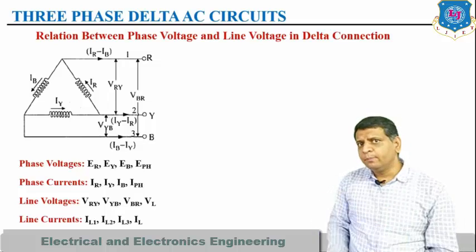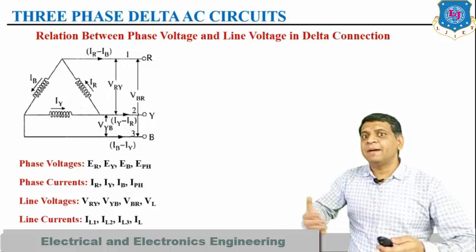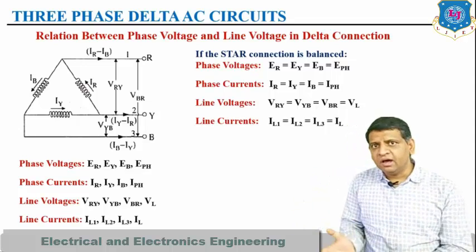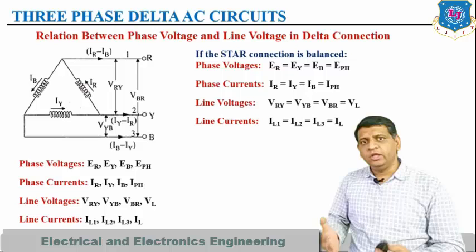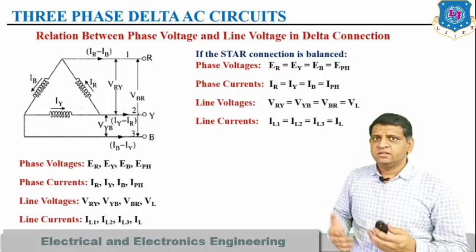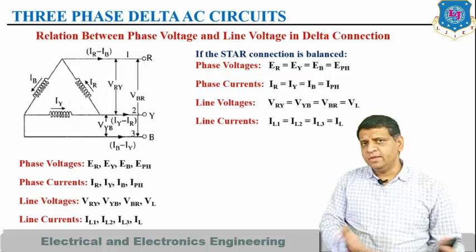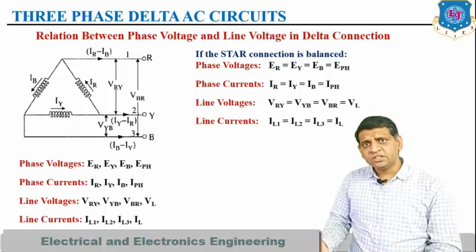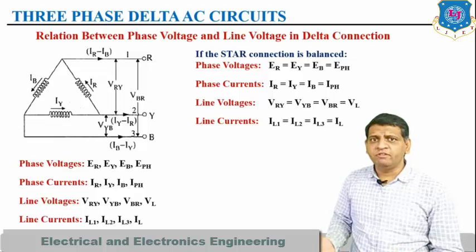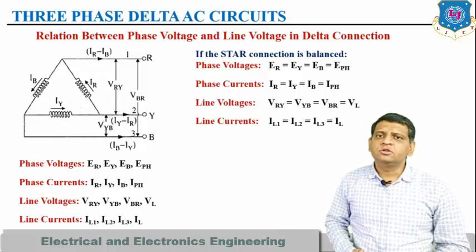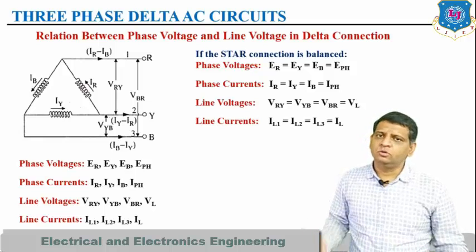If we consider the complete 3 phase delta system as balanced, then the phase voltages are ER equal to EY equal to EB equal to EPH. The phase currents are IR equal to IY equal to IB equal to IPH. The line voltages are VRY equal to VYB equal to VBR equal to VL, and the line currents are IL1 equal to IL2 equal to IL3 equal to IL, right.